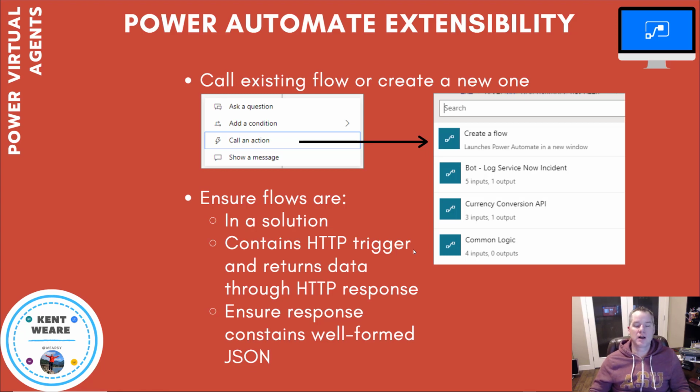Now, if for some reason you cannot see your flow show up in this list, it's probably related to one of the few different requirements that I just spoke to. It needs to be inside of a solution. You need to have an HTTP trigger, and you need to ensure that the data that you're providing through an HTTP response is well-formed JSON data.